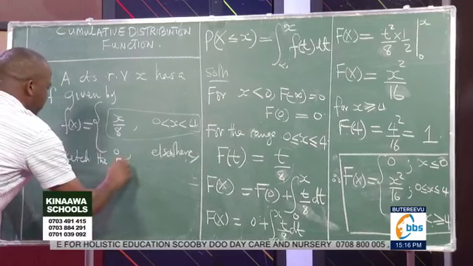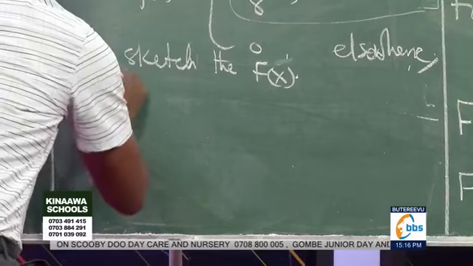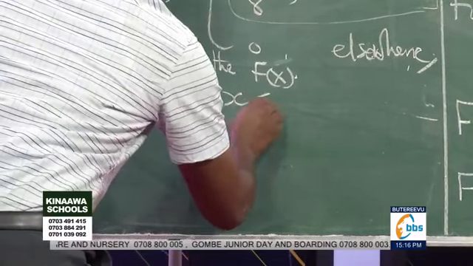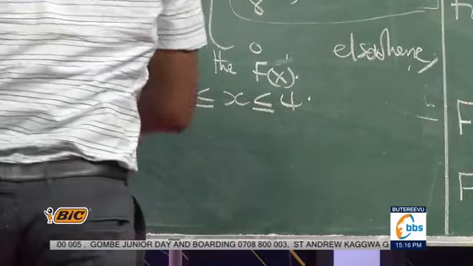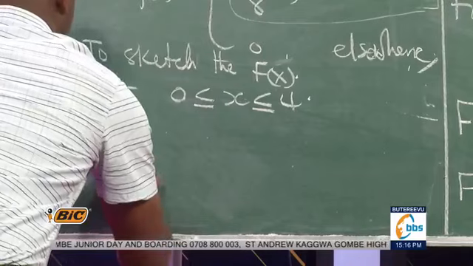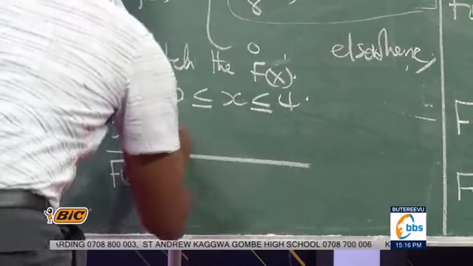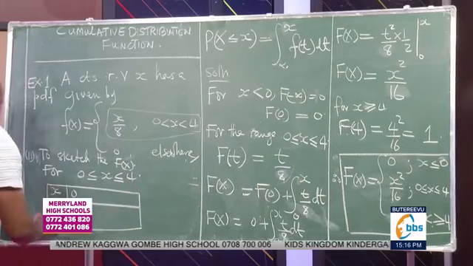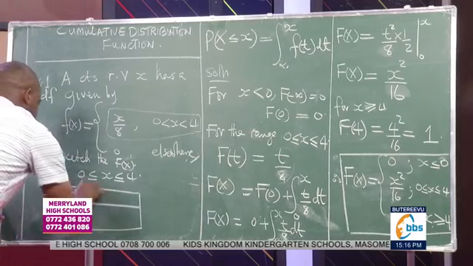To sketch our cumulative function, we said simply consider the limit. For 0 less than x less than 4, we are going to have our x, and this time our f of x. And we shall use 0 and choose any other value between 0 and 4.